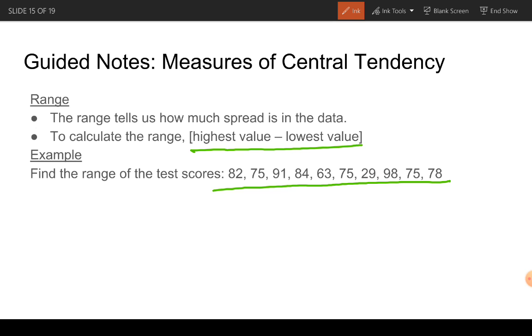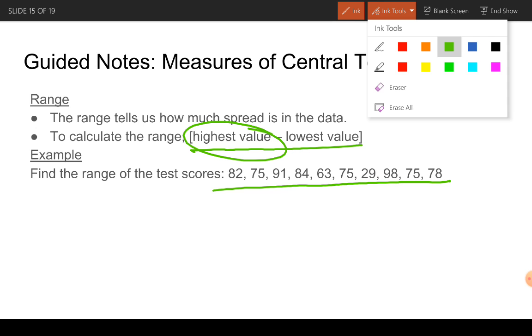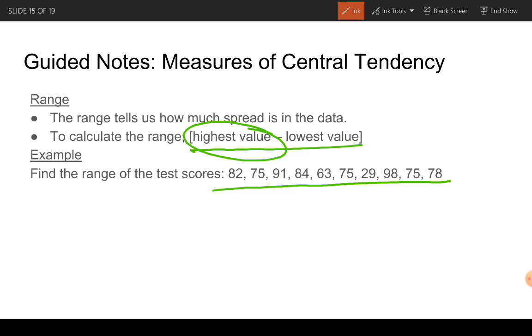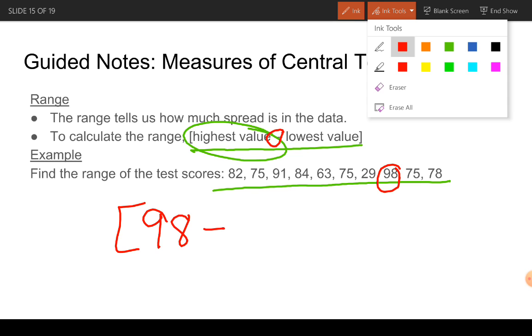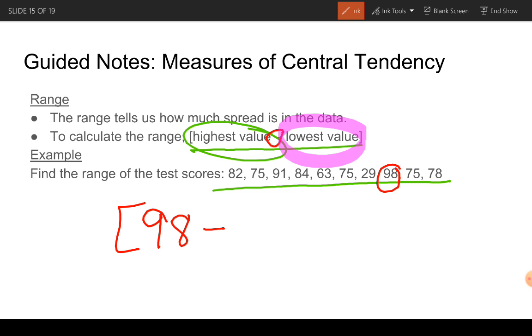The first thing we need to do is find our highest value. Our highest value in this case would be 98. So we'll take 98. Then it says to write a minus sign. Now we need to find the lowest value. The lowest value in this data set is 29.